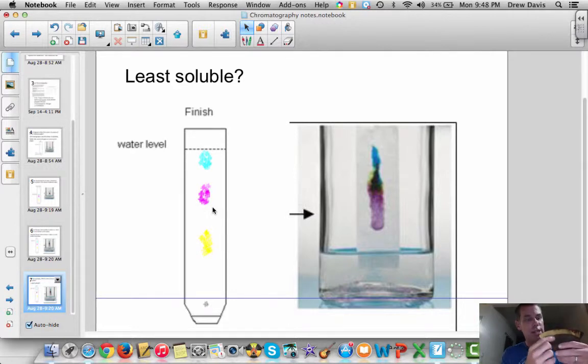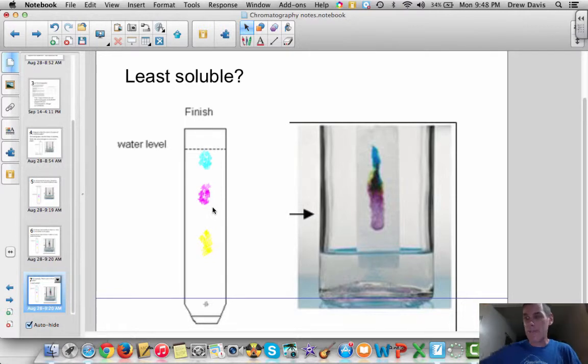And you can see some of the sample stayed where it was. But as the water moves up towards the edge of the filter paper, some of the sample moved up with it. It's been separated from the original amount. This component is separated from this component because this was more soluble in water and therefore moved with the mobile phase better than this did, which stayed with the stationary phase.